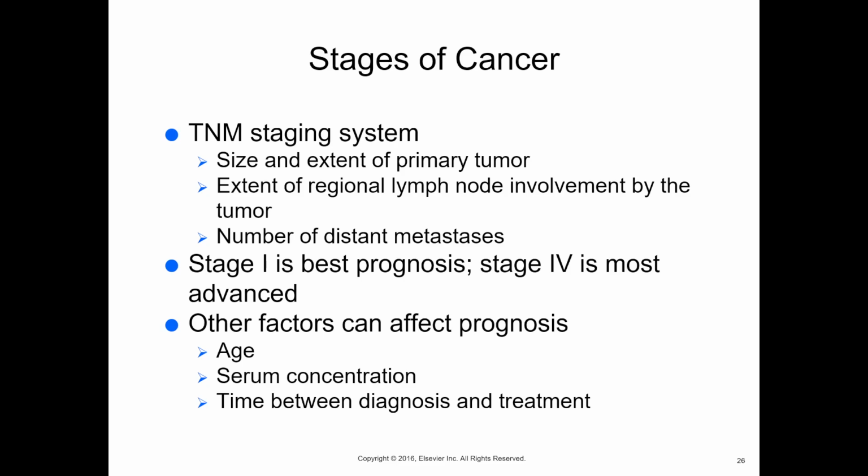Typically, the staging system's based around the size of the tumor, the extent of any lymph node involvement in the area, and any distant metastases. So stage 4 is the most advanced, typically thought to be a high likelihood of fatality, while stage 1 can typically offer a good prognosis, typically detected early, and has more likelihood of having a successful treatment.